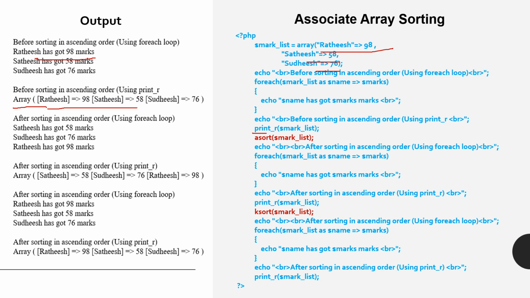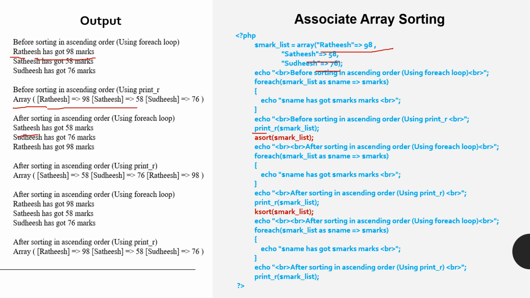Now after sorting, what is the thing? Now Satish is first. Why has Satish come first? Because Radish should come first now.